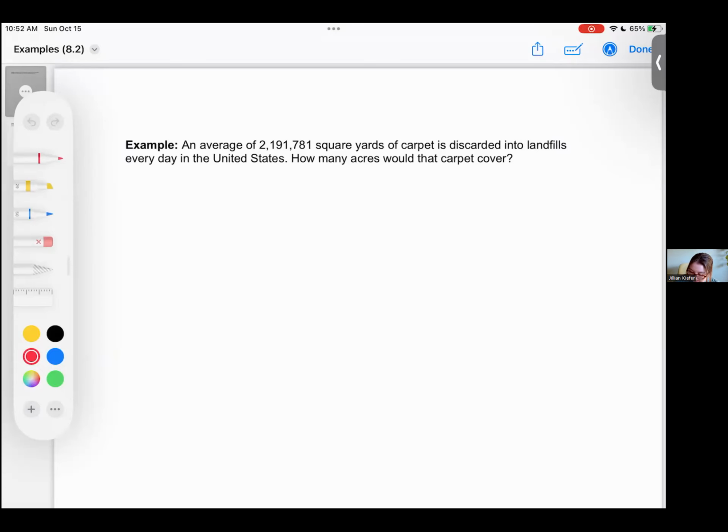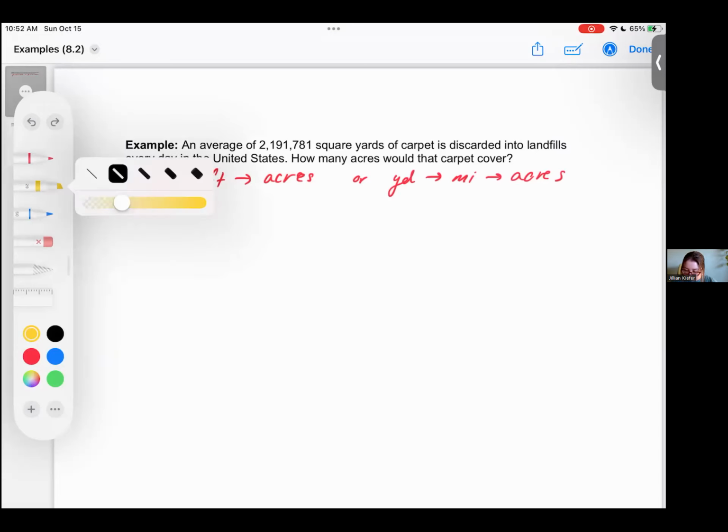So we can say yard to feet, then to acres, or yard to miles, then to acres. Whichever one stands out more to you, that's the one you can go with. For us, we're going to go yard to feet and feet to acres. So this is the one that we are going to choose.